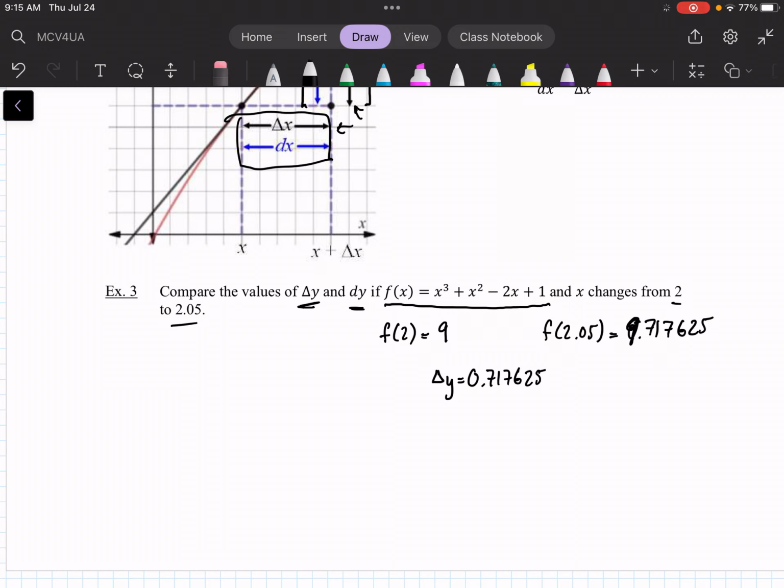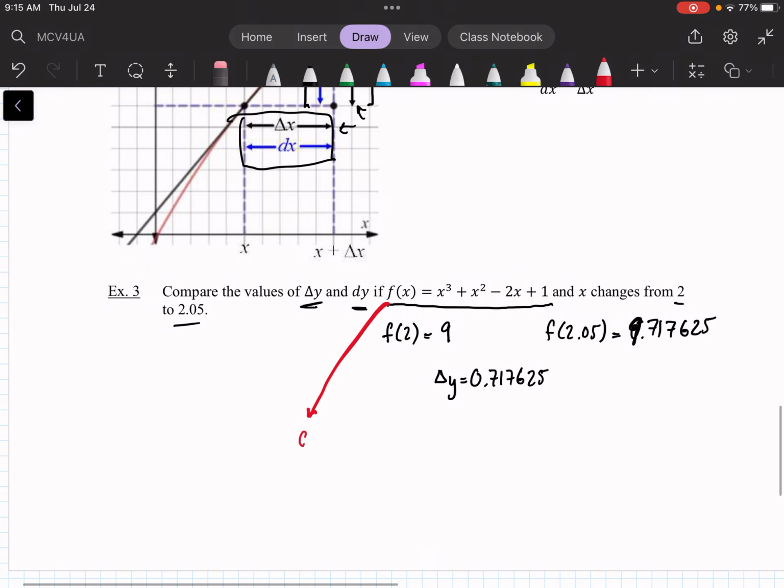Now, let's see how this changed. So now, I'm going to use a differential. So df is equal to 3x squared plus 2x minus 2, which is all going to be multiplied by dx.